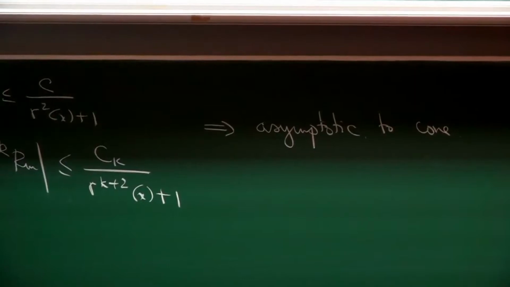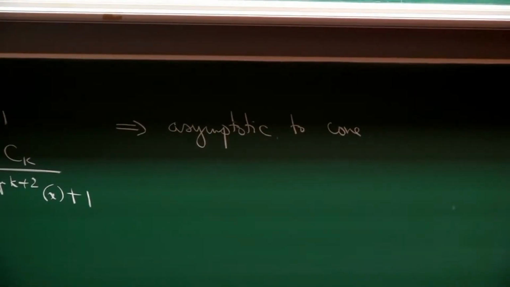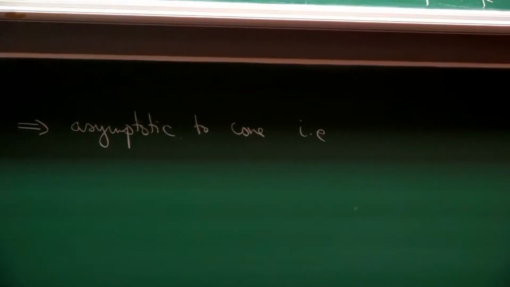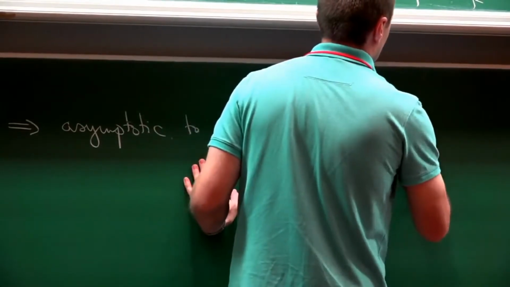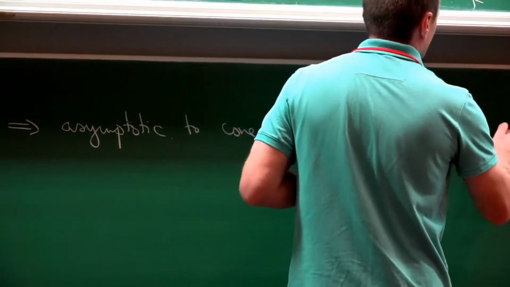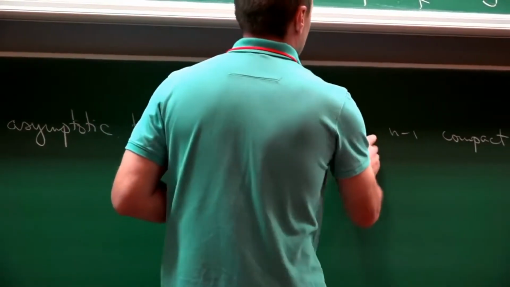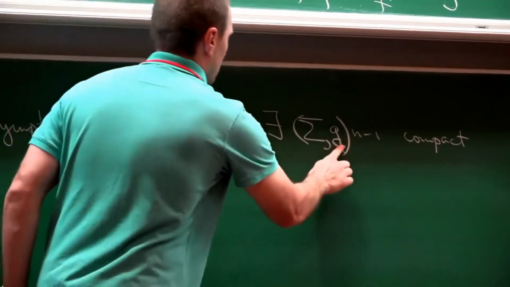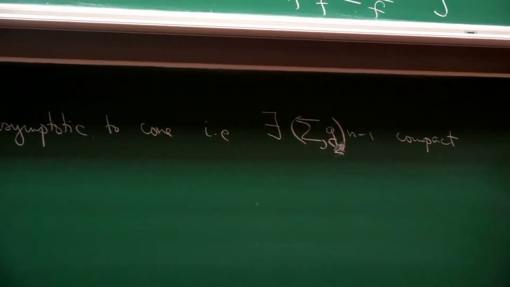Well, I didn't even say what that means. So of course the picture is pretty obvious, but what does that mean? So let me explain what I mean by that. I mean that there exists an n-1 dimensional compact manifold Sigma with a metric g Sigma on this manifold.